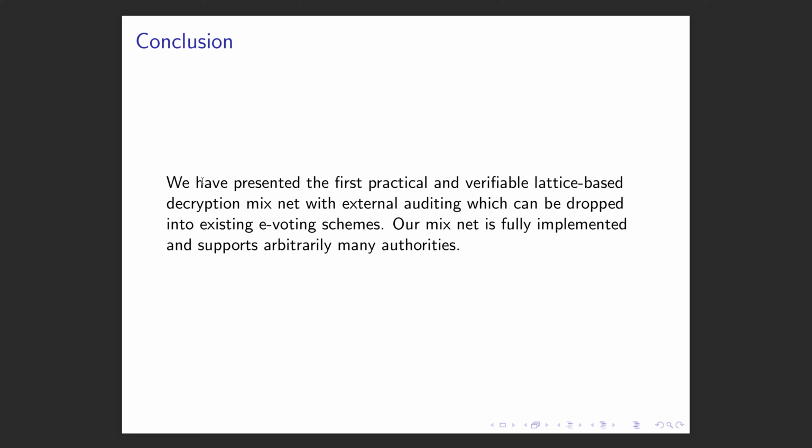I just want to make one note, though, as we conclude here, which is that there is a caveat about how we defined the goal for accountability. Our accountability goal, as I said as we went through the theorem, was that the honest senders' inputs are preserved. Now, there is a case in electronic voting where you might want not only the honest senders' inputs to be preserved, but also the dishonest senders' inputs to be preserved.